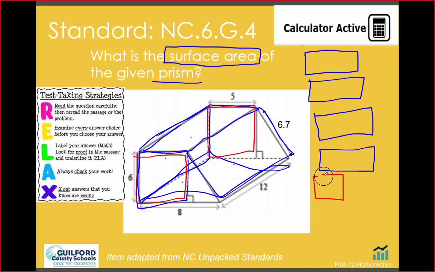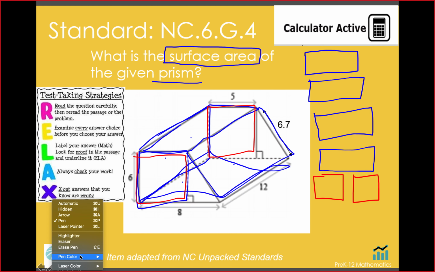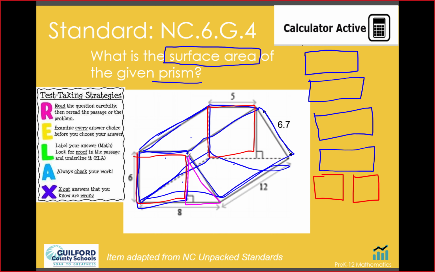These squares are the same size. And then we have 2 triangles. We have a triangle right here in pink and a triangle right here. I'm going to draw my 2 triangles.